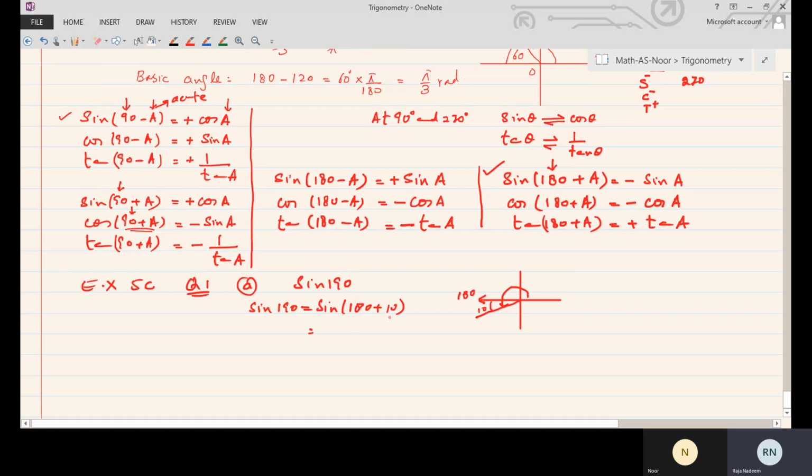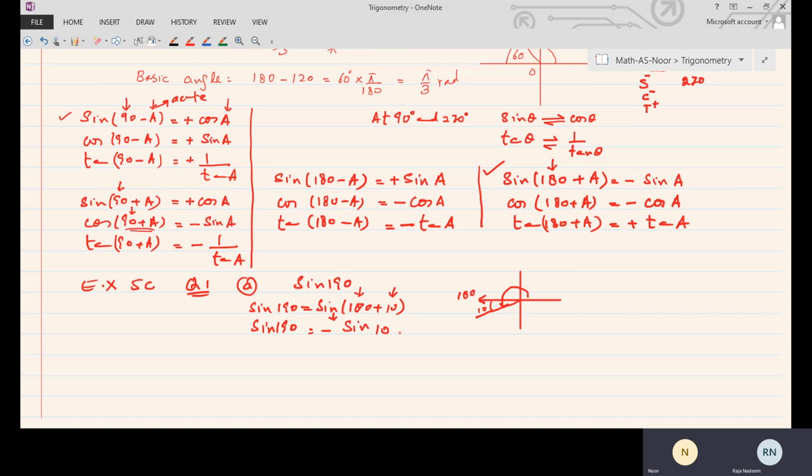Then the next step, I'll put a minus sign because the quadrant is third and sine is negative. Then I'll write sine because there would be no change due to this 180 degree, and we are adding an acute angle to this. Then we'll write sine in the form of an acute angle. So the answer of sine 190 would be equal to minus sine 10.